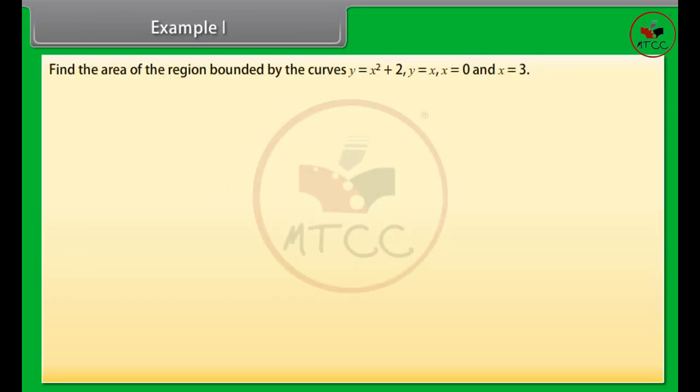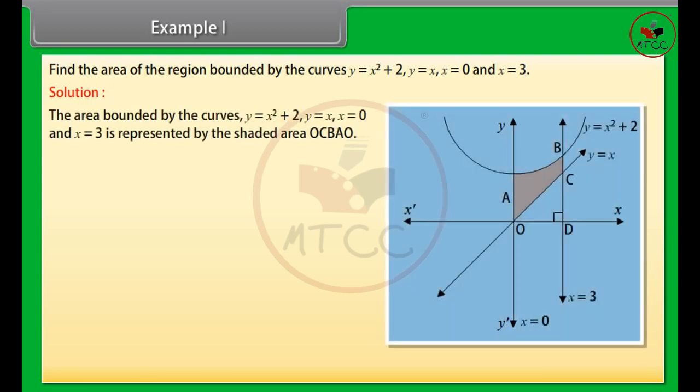Example first. Find the area of the region bound by the curves y = x² + 2, y = x, x = 0, and x = 3. Solution. The area bound by the curves y = x² + 2, y = x, x = 0, and x = 3 is represented by the shaded area OCBAO as shown in this figure.